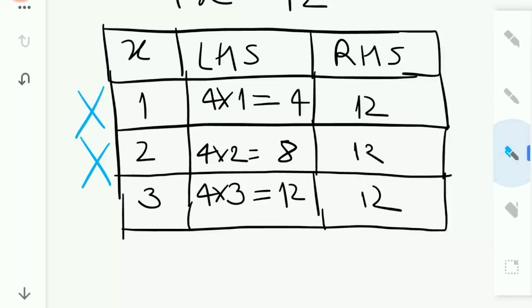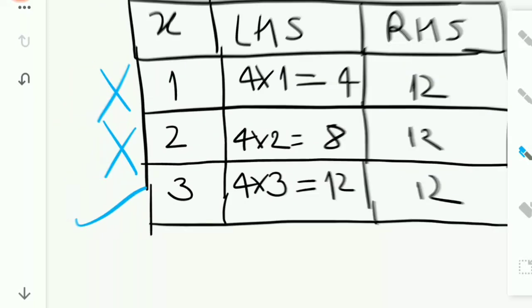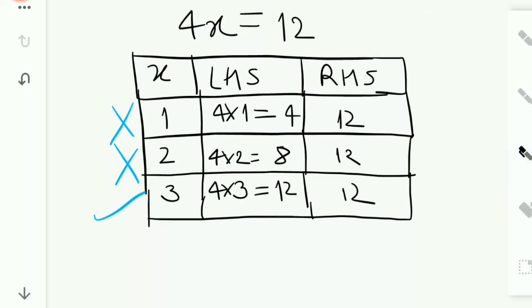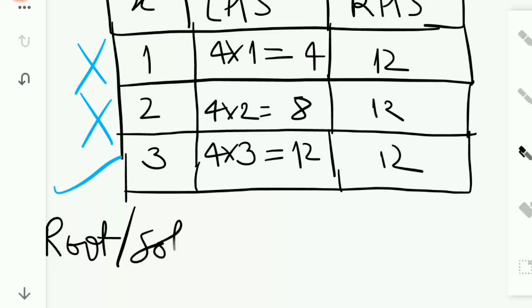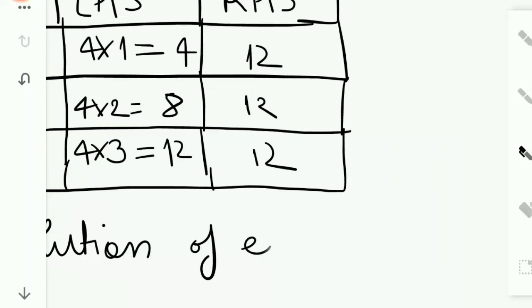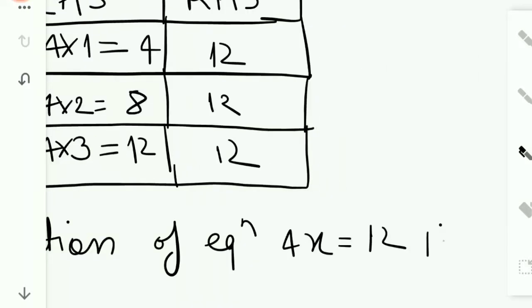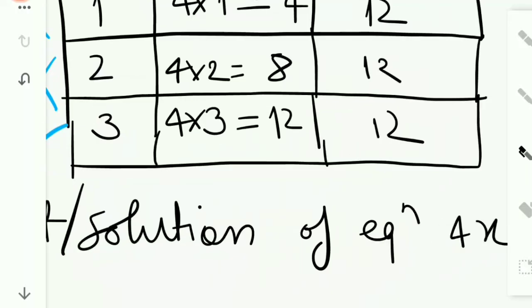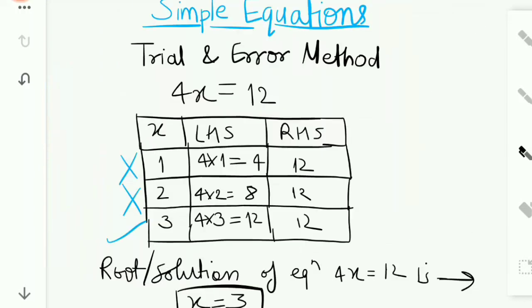So the value of x we have gotten is x equal to 3. Root of the equation. Root means solution. The root or solution of the equation 4x equal to 12 is x equal to 3. This is the trial and error method.